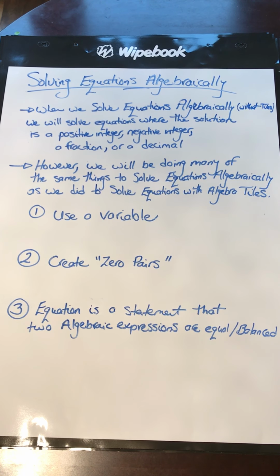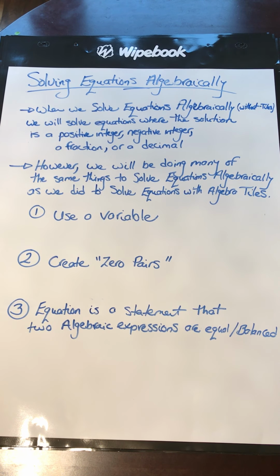Hope everybody's doing well. Today we're going to be focusing on solving equations algebraically. One of the things that we're going to be looking at is that when we were solving equations with algebra tiles, most of the equations had solutions that were whole numbers, i.e. a positive integer.